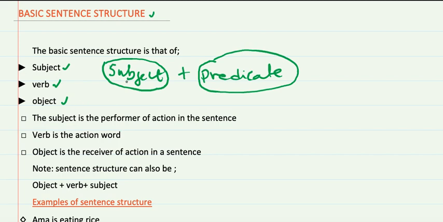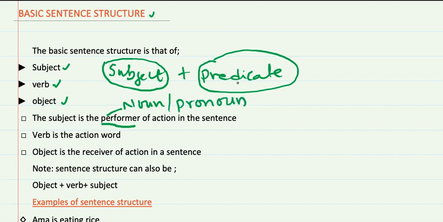So when they say subject, what does that mean? The subject is the performer of action in the sentence. So the noun that is performing the action. So mostly the subject in almost all cases is a noun or pronoun.